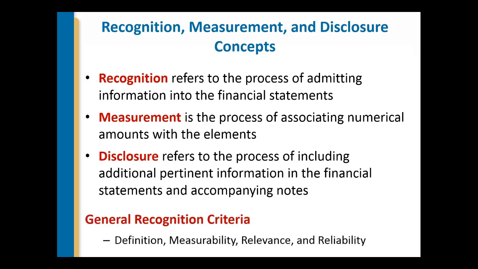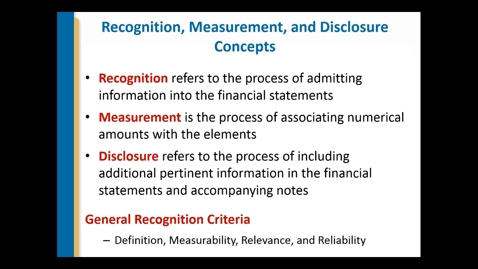The general recognition criteria say that an item should be recognized in the basic financial statements when it meets four criteria. Definition: the item meets the definition of an element of a financial statement. Measurability: the item has a relevant attribute measurable with sufficient reliability.